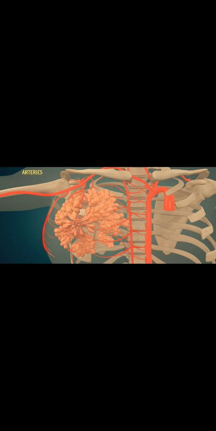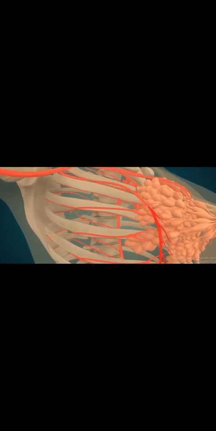It is supplied by branches of the following arteries: perforating branches of internal thoracic artery, a branch of subclavian artery. Branches of axillary artery, namely superior thoracic artery, thoracoacromial artery, lateral thoracic artery.